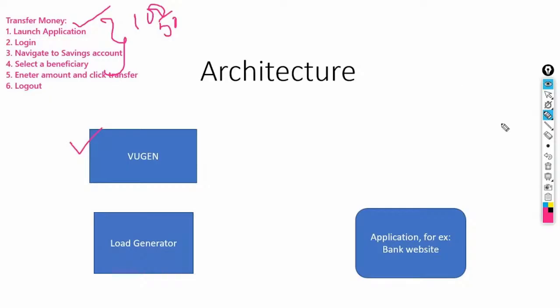Now you have the load generator ready, which will generate all virtual users, and you have the scripts or scenarios ready which you can execute. Now there should be some platform or component which should allow you to trigger the execution.